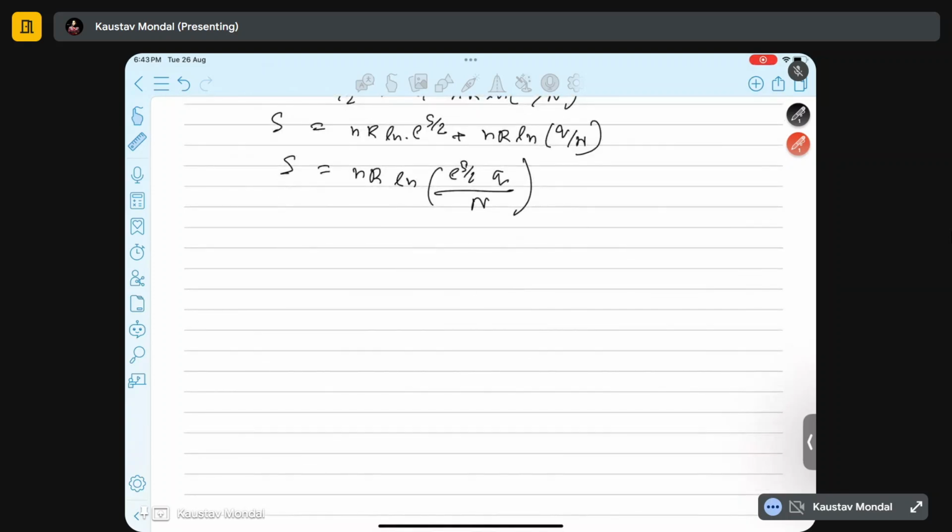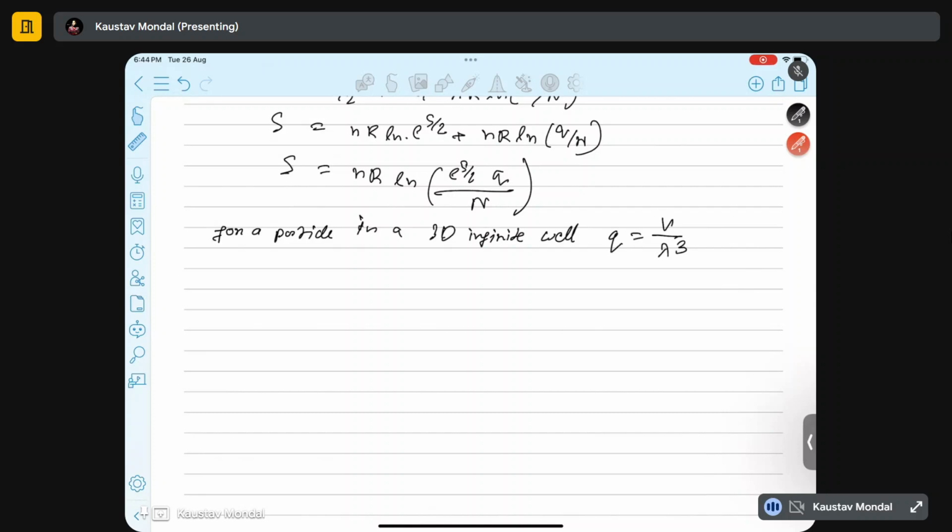The single molecular partition function Q is nothing but V by lambda cubed.